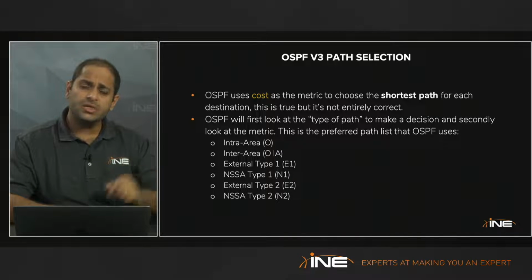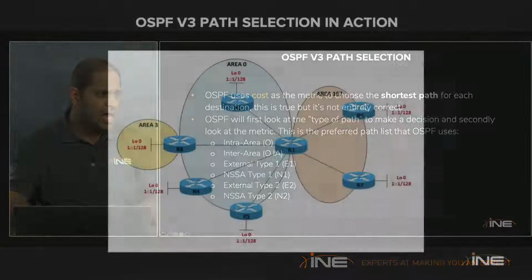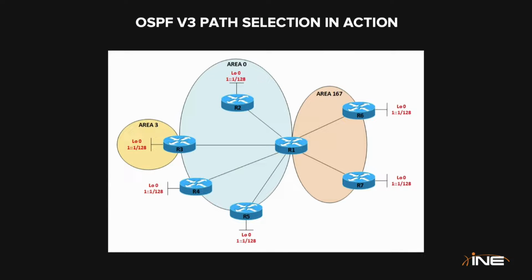To demonstrate this, I have router 1, which is an IOS XR. Routers 2, 3, 4, 5 and 6 are IOS XE. Here R2 is sending its loopback, 1::1/128. R2 is advertising to R1 an O route, an intra-area route.